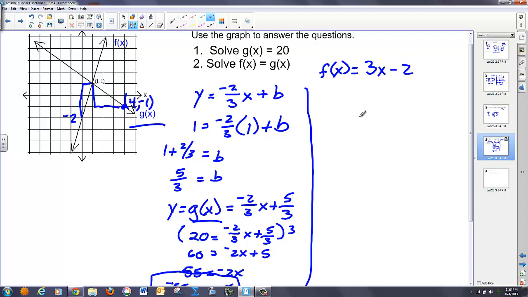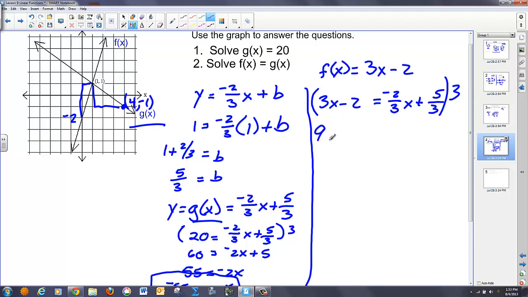Now I want to find out when f of x equals g of x, so I'll set 3x minus 2 equal to negative 2/3 x plus 5/3, because that's g of x. Multiply both sides by 3 and clear my denominator out.